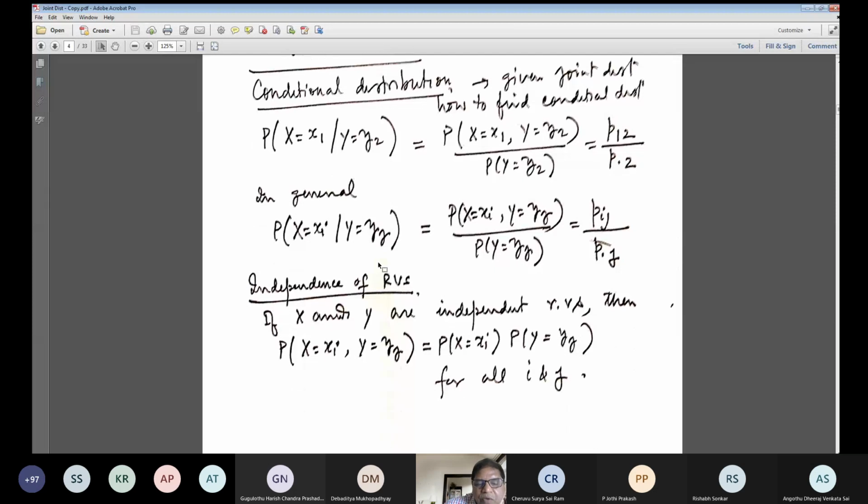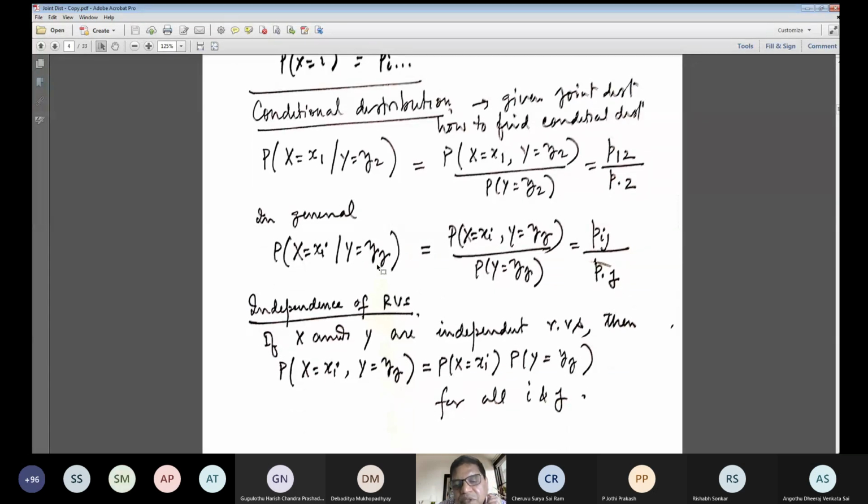Now, when do we call two random variables independent? The random variables we are discussing are now two. Instead of the univariate case, where we dealt with one random variable, since you have two random variables, they may be independent or they may not be independent.